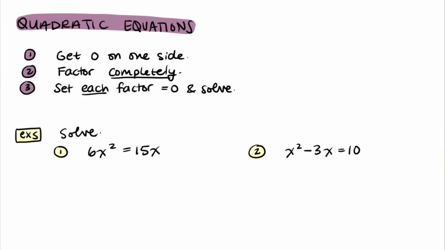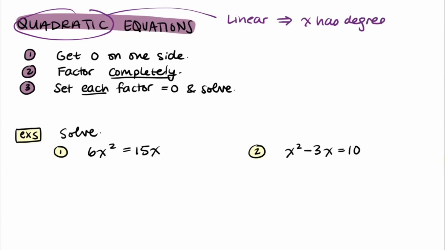Okay, so solving linear and absolute value equations has its own method, and solving quadratic equations has a couple different ones. So quadratic, what this means, like linear means degree 1 on the x, like x to the first, right?